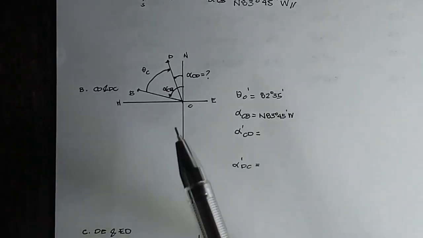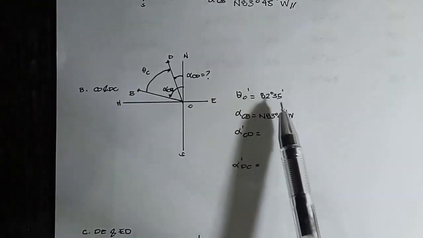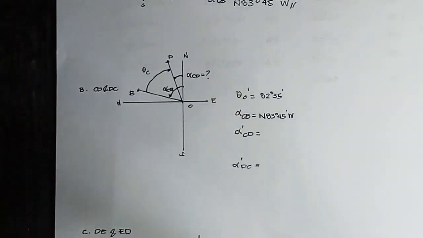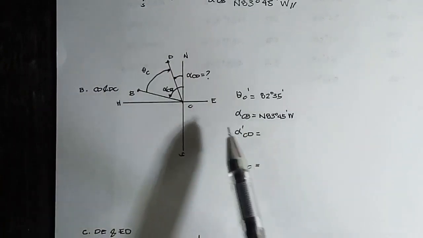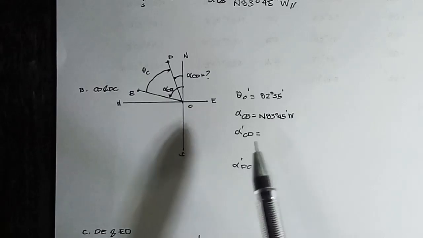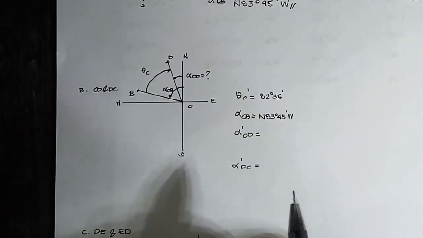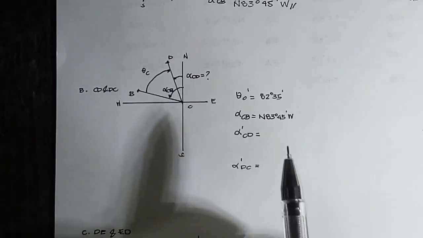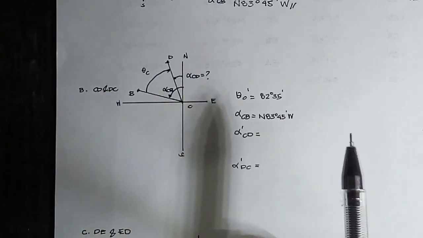Dito naman sa next, ang kukunin naman natin yung adjustment lines ng CD and DC. So, makikita natin na yung adjustment natin dun sa interior angle ng C is andyan na. So, 82 degrees and 35 minutes. And then, ang gamit na natin dyan is yung adjusted bearing of CB. Yun yung magiging reference natin para maayos naman natin yung bearing nitong CD. So, ang gagawin lang naman natin dito is ipagmaminus lang natin yung ating bearing and yung ating interior angle.